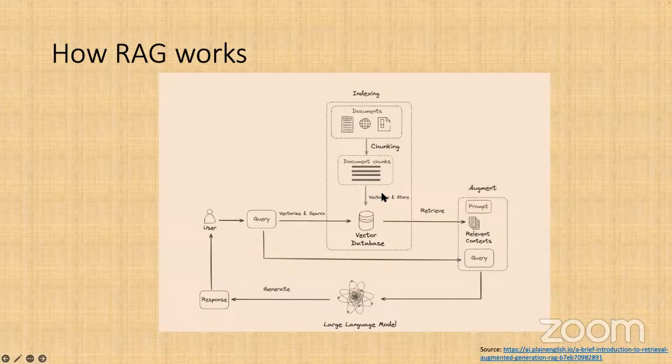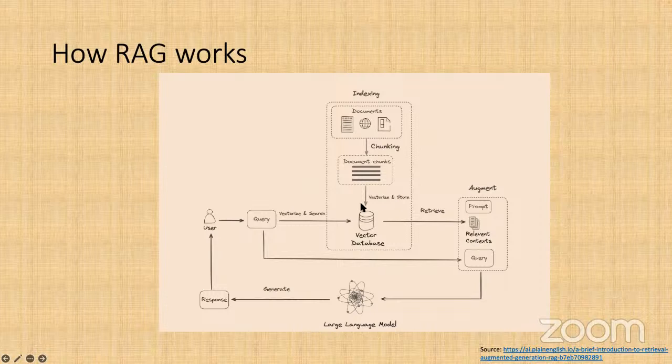Basically, you're converting all of that text in, say, your PDF into numbers, and those numbers are then stored in something called a vector database. In the code example that I walk through, you don't have to worry too much about all of this. There's pre-existing code out there that already lets you do all of this.